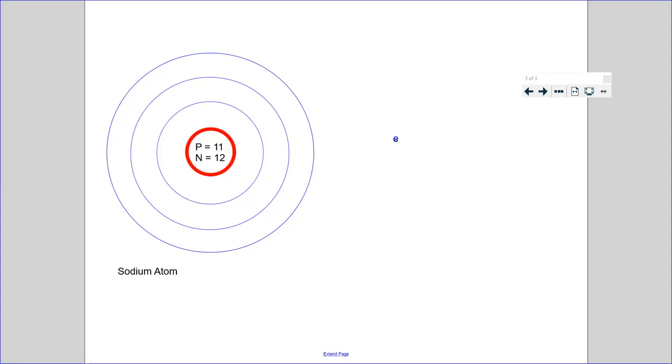So 2 in the first orbit, 8 in the next orbit, and 1 in the last orbit.